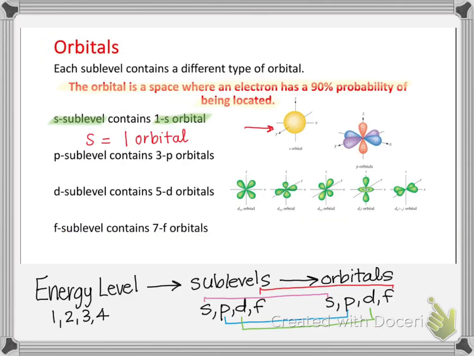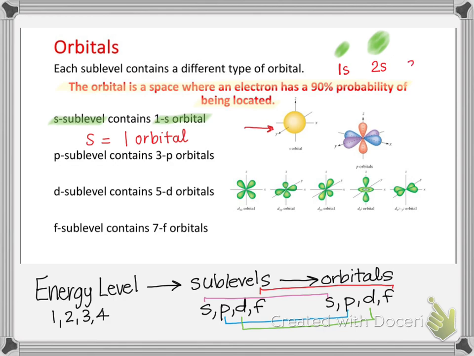And how they're different is, if I was in the first level, my orbital, I'm going to try to draw something small. My orbital would be small. If I was in my s orbital, if I was in the second level, if I was an s in the second level, then my orbital would be a circle that was bigger.